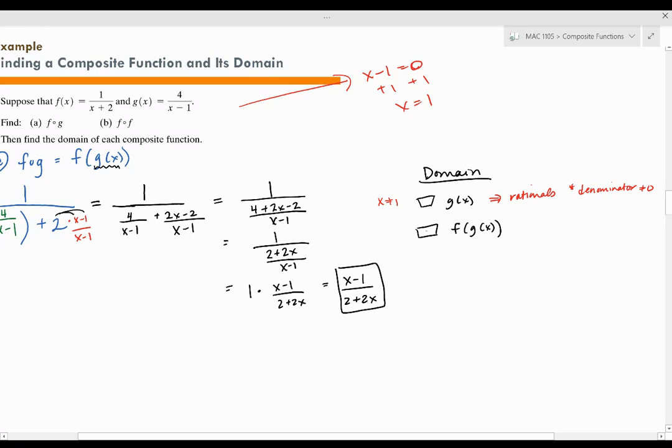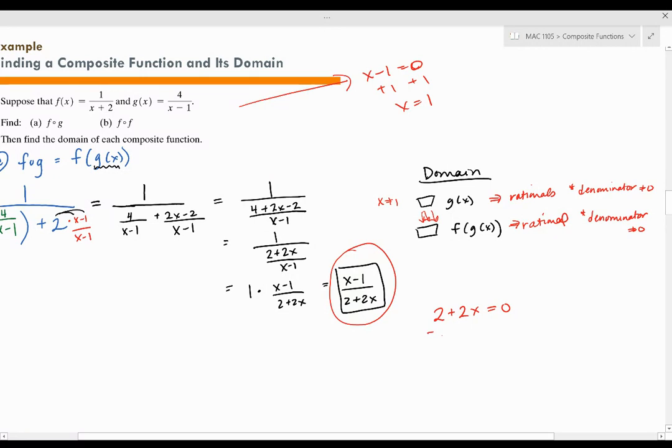All right. Then we check to see which values cleared the second filter. The second filter is the composite function that we found. So we have to look and see what type of function it is. Well, it's also a rational because it looks like a fraction, which means that its denominator also cannot equal 0. So we need to set its denominator equal to 0 to find out which values we need to exclude. So I have 2 plus 2x cannot equal 0.